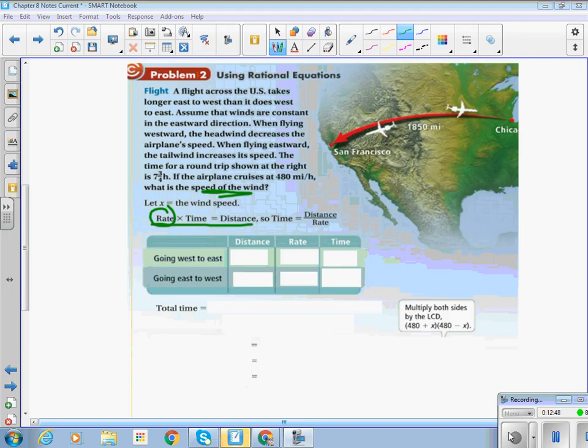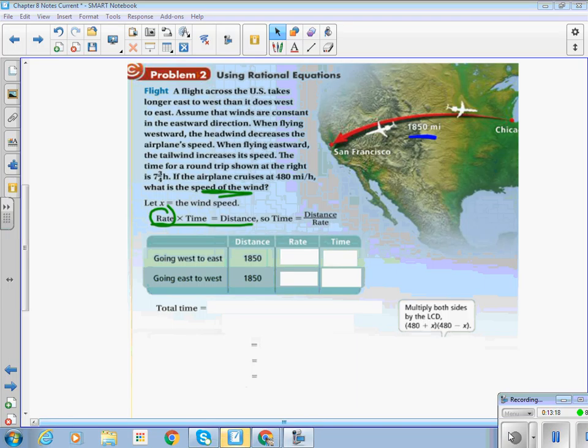Well, I guess they solved for time. Time is equal to the distance over the rate. It doesn't matter, we're going to collect the distance, the rate, and the time for each trip. So, going east to west, the distance is the same. It's 1,850 miles. You can get that from the picture. And that does not change going back.